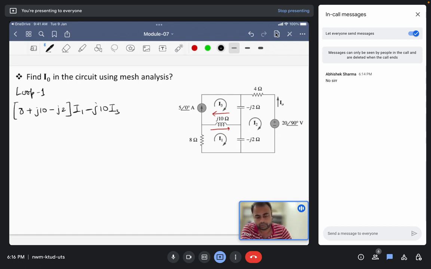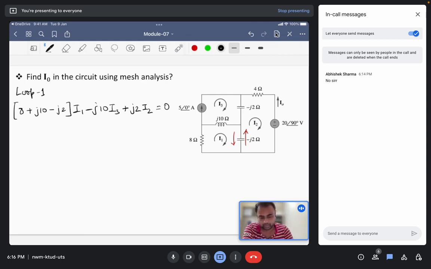And for the capacitor part, the direction of I1 is in this way, whereas the direction of I2 is again opposite. So again there will be a minus sign, so minus minus is plus J2 times I2. And there is no voltage source in this loop, so this sum will be 0.